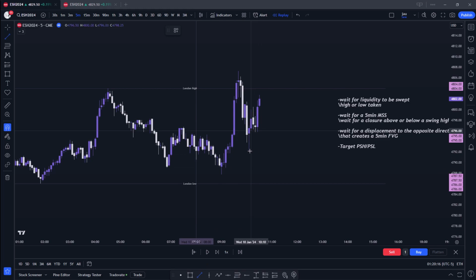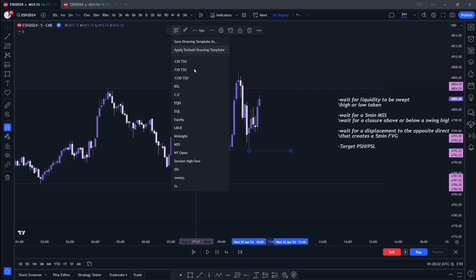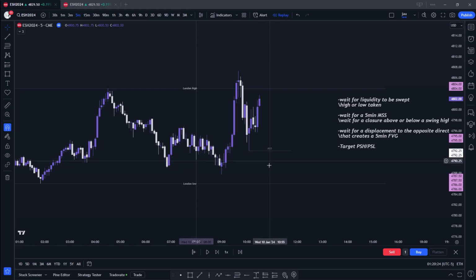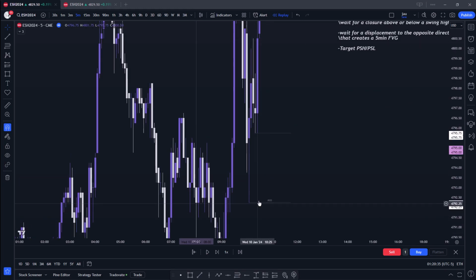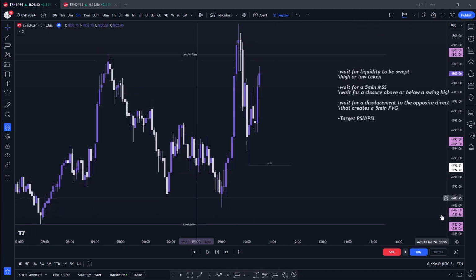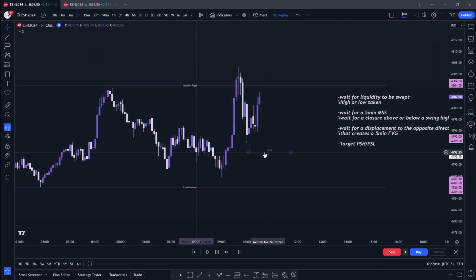So right now, in my mind, I'll be waiting to see if we can get a closure below this swing low, right? Based on the rules. We also have another swing low right there. I know it's not as visible as this one, which is why I'll prefer just using this one. But let's just remove ambiguity and use the obvious swing low here.